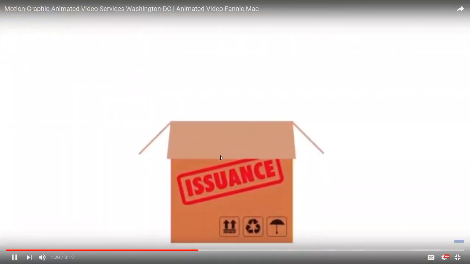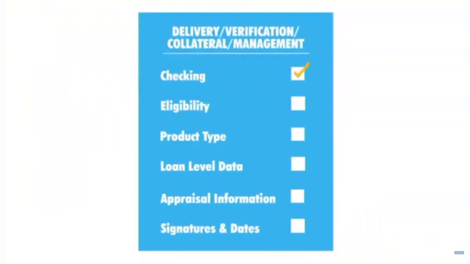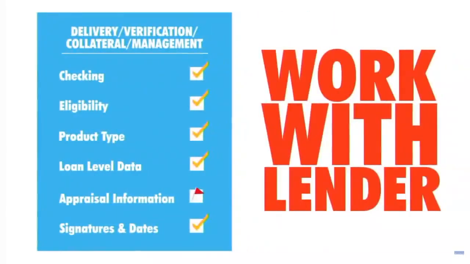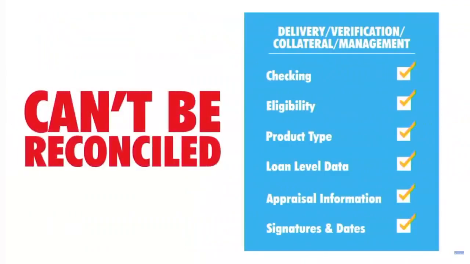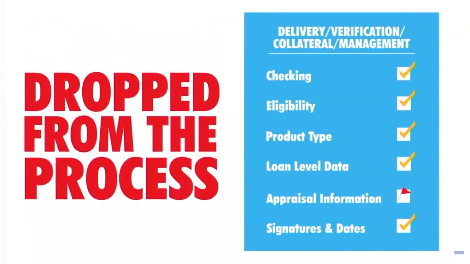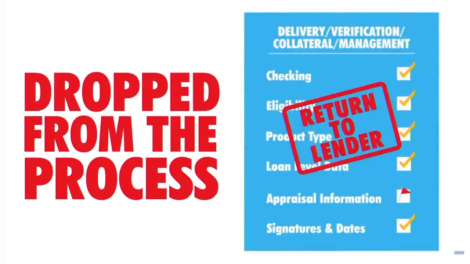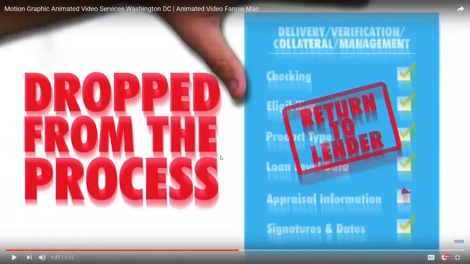If everything checks out, the loans continue through the manufacturing process. But if information doesn't match or meet Fannie Mae's selling requirements, we work with the lender to resolve these differences. When these exceptions can't be reconciled, the loans are dropped from the process and returned to the lender. So you see how they make sure the pool only includes safe mortgages, right?